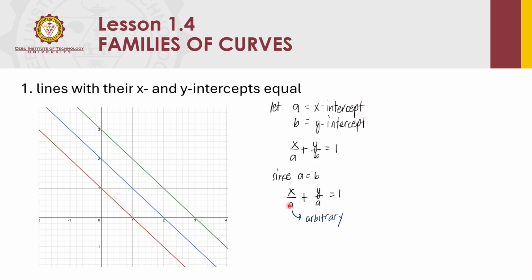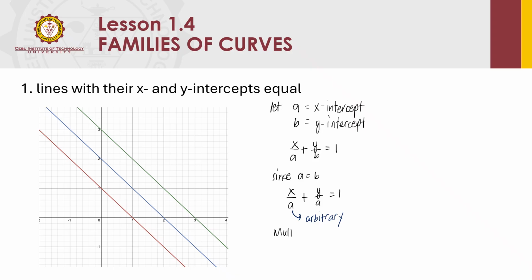Since we have only one arbitrary constant, we expect a first order differential equation to represent the family of curves. So we are going to eliminate the arbitrary constant. In the previous lesson, we had different approaches in eliminating the arbitrary constants. For this one, since the constant is in the denominator, we're going to put it first in the numerator before differentiating. So we can multiply the whole equation by a.